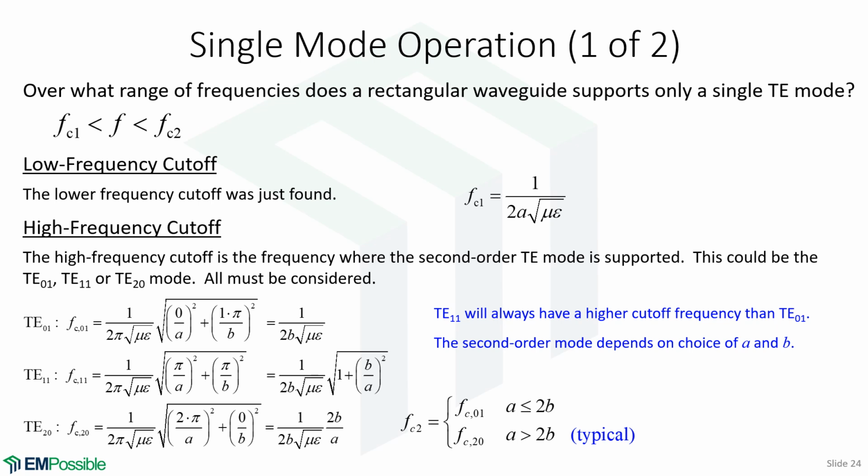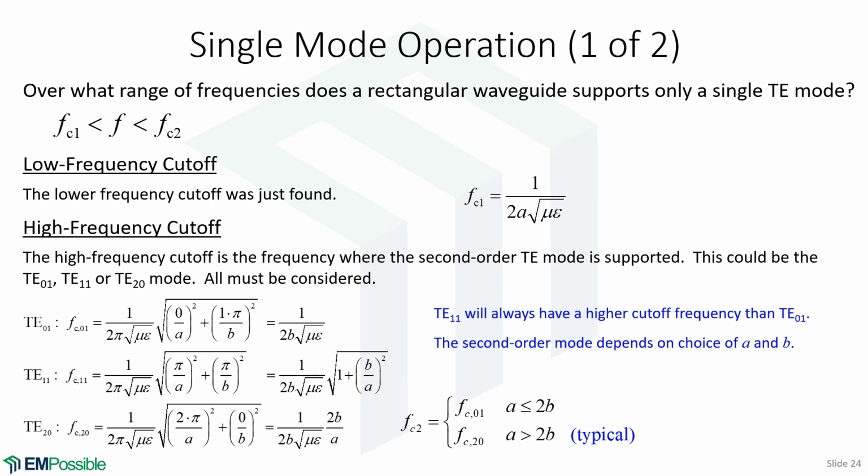And it turns out that if our dimension A is less than twice of B, then it's the TE01 that will be the low frequency cutoff. If this dimension A is greater than 2B, then it's the TE20. And this honestly is the typical case.